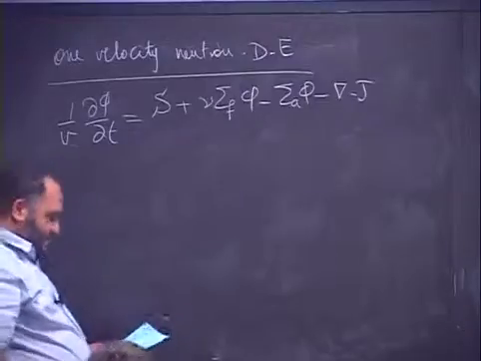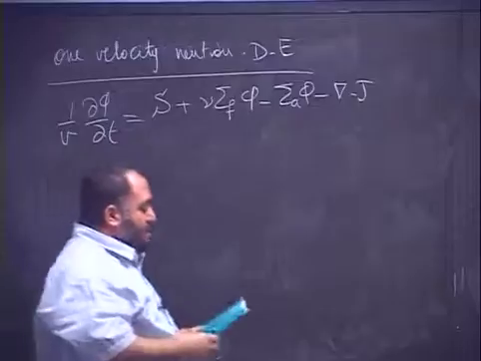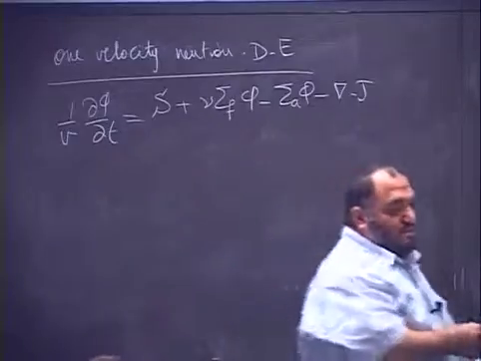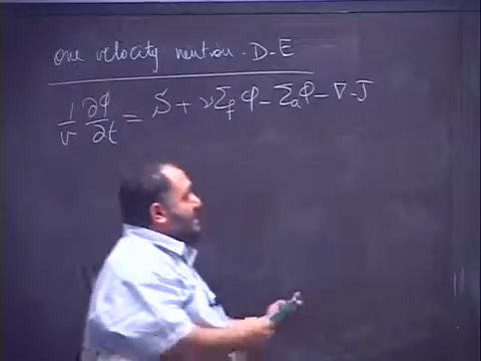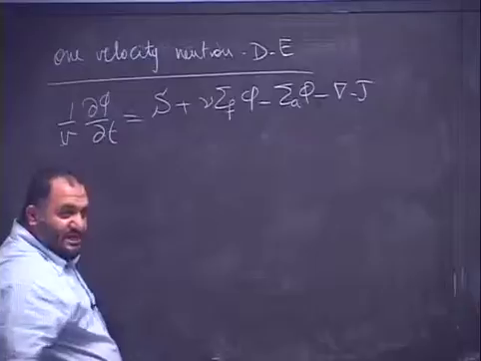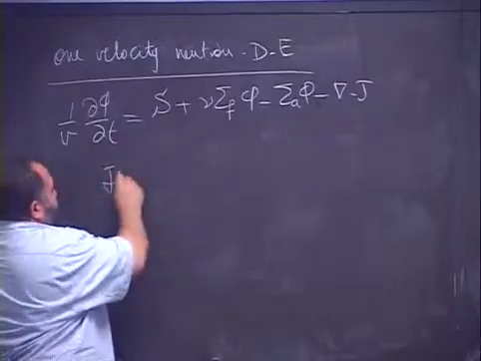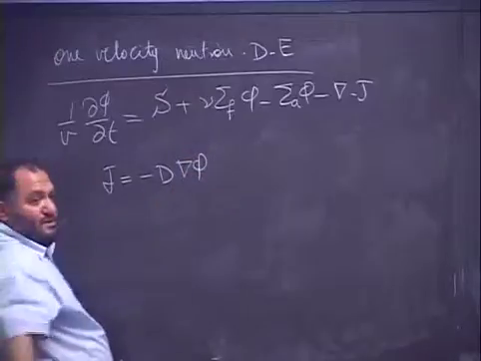But we just stated a couple of minutes ago that the current can be represented by Fick's law. Yes, we just stated that current is nothing more than negative D grad phi.